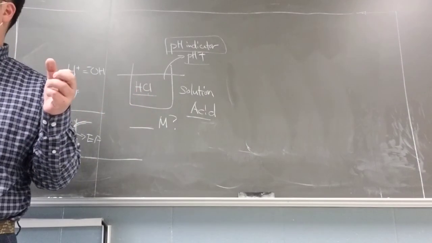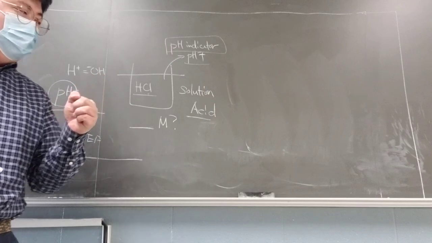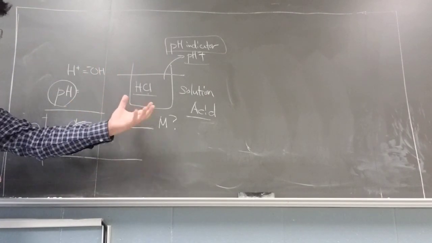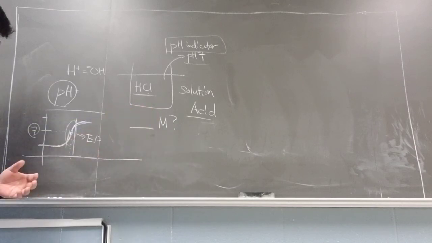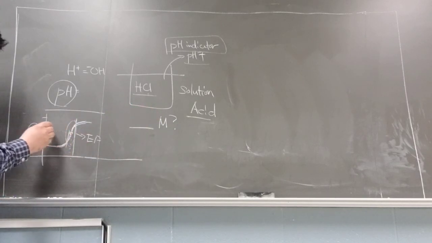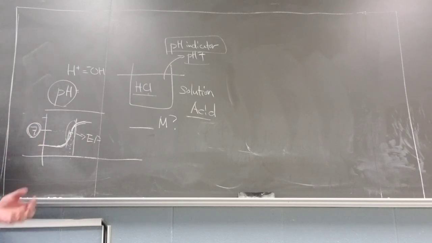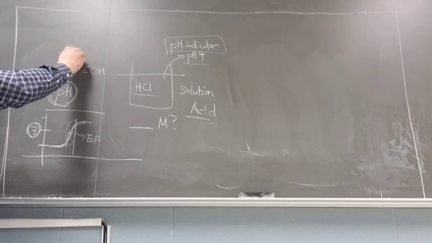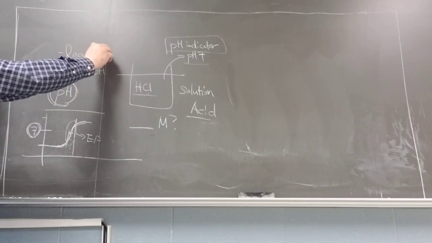Can you guys actually guess why? So think about you adding your basic solution into your acidic solution of unknown concentration. Nearby the neutral pH it becomes really quick, because pH is what? Negative log of hydrogen cation.